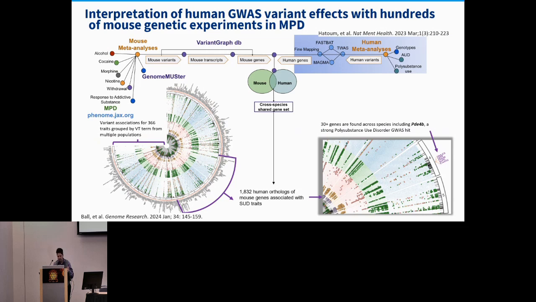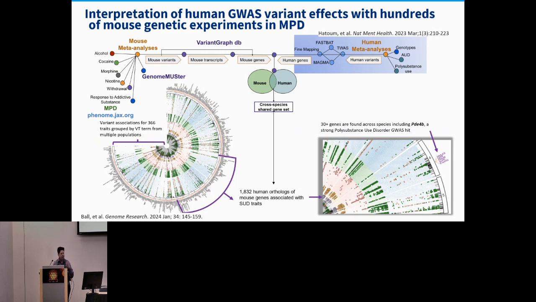So then we can quickly see for these SNPs, some of them look to be quite specific to a certain drug, maybe cocaine, whereas other ones are shared across these different substances. And indeed, we did find some genes that were also found in the human studies. The human studies is a very small set, right? So we found much more in the mouse, but we can look at the ones where we find concordance.